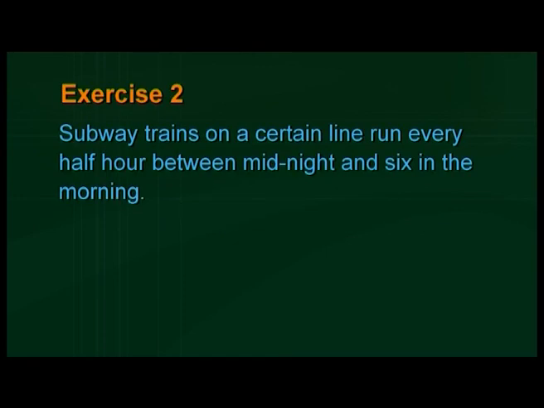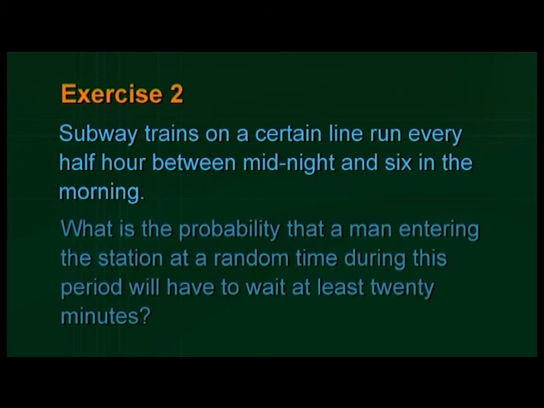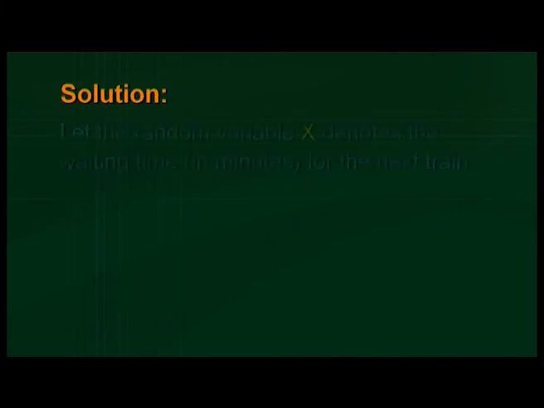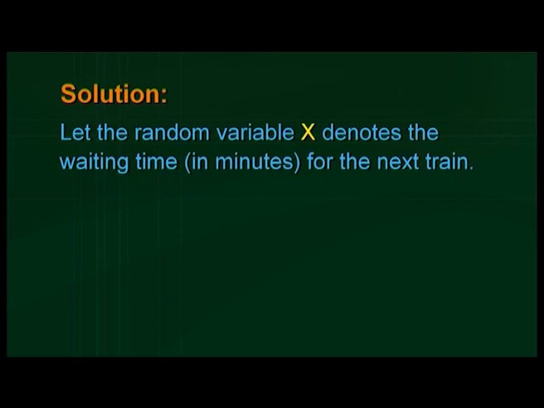Subway trains on a certain line run every half hour between midnight and 6 in the morning. What is the probability that a man entering the station at a random time during this period will have to wait at least 20 minutes? Solution. Let the random variable x denote the waiting time in minutes for the next train.